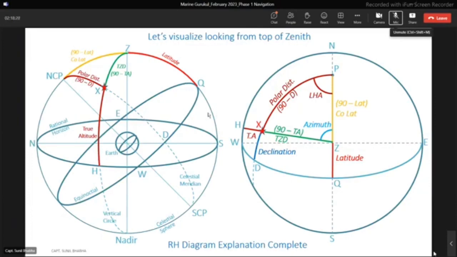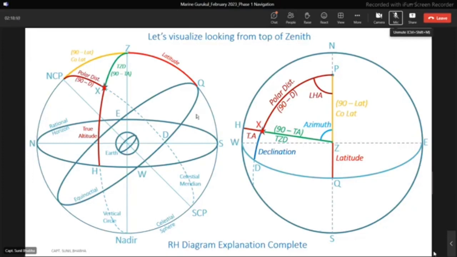When you take the bearing of the body by using your azimuth circle, or if you calculate the azimuth of the body using the ABC method, automatically you will come to know the direction of point H. Okay, for the diagram purpose, we can take it anywhere, right, sir? Yes, beta.